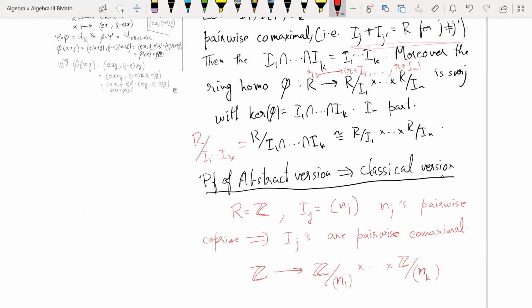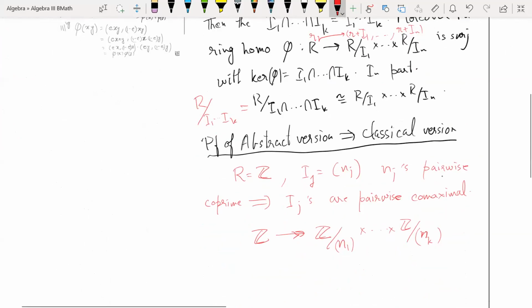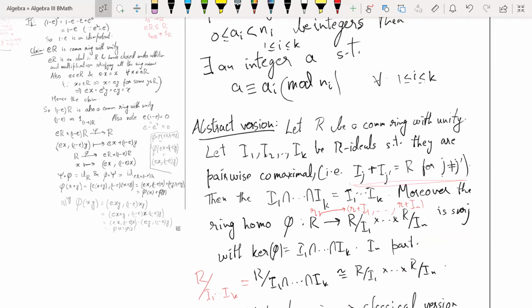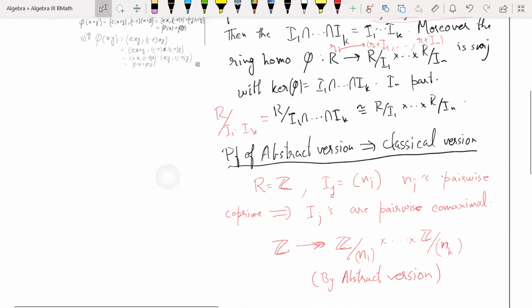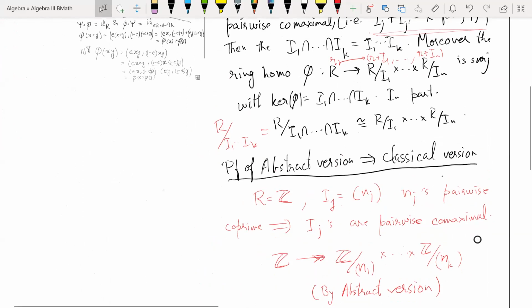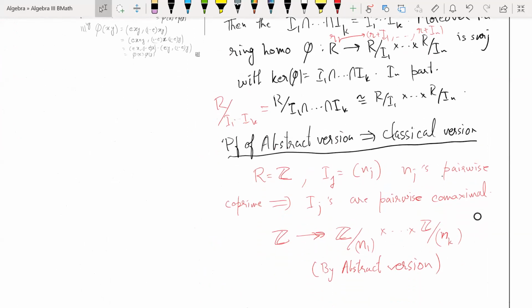So this is a surjection by the abstract version. In particular, if you are given these ai's, between 0 and Ni, that means you are given representatives of elements in these finite rings Z mod Ni. Then you can find an integer a which modulo Ni is ai.